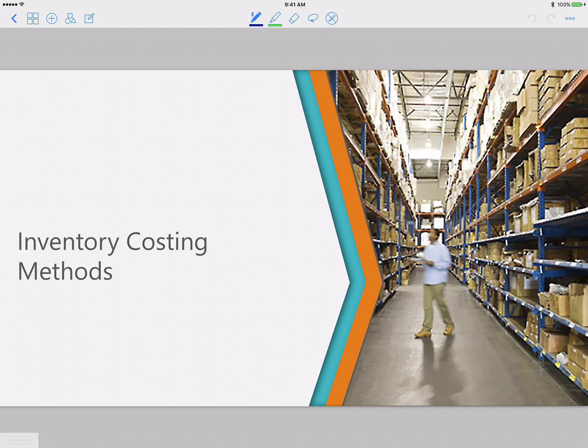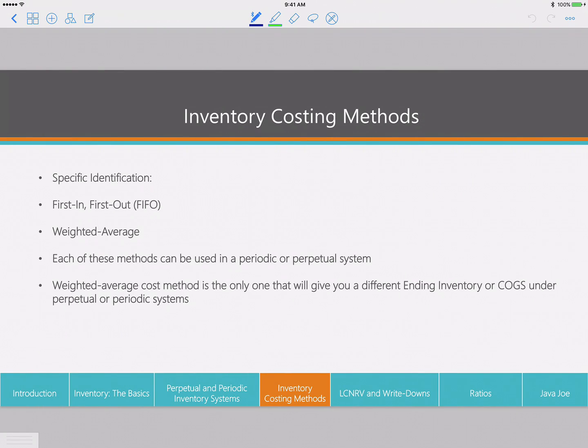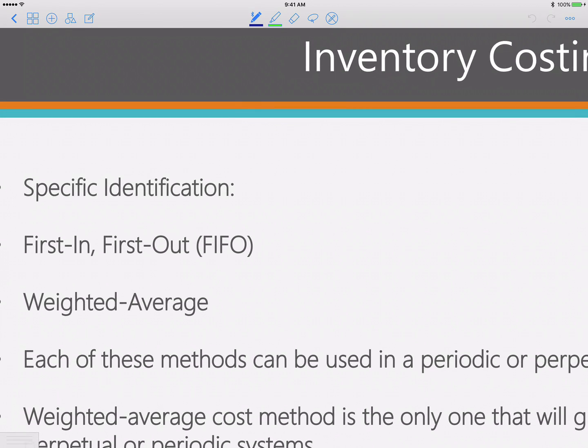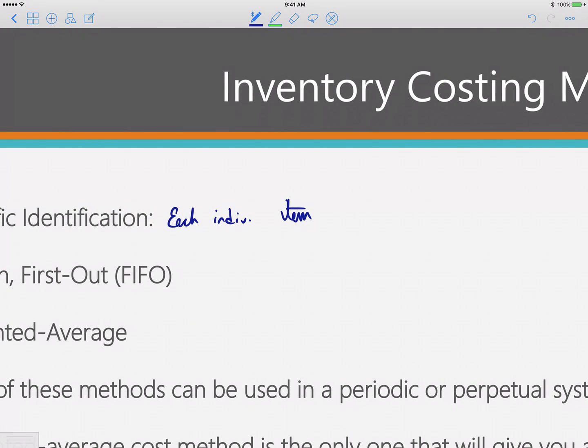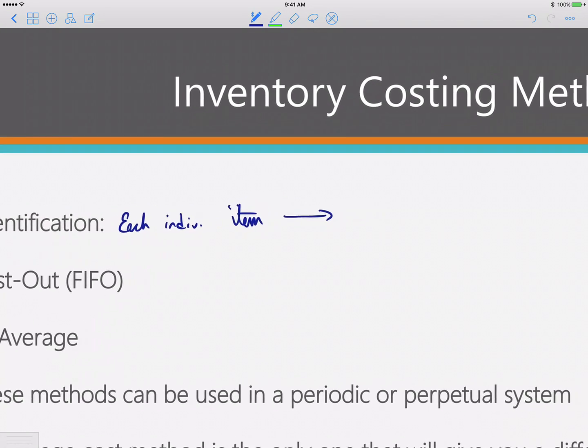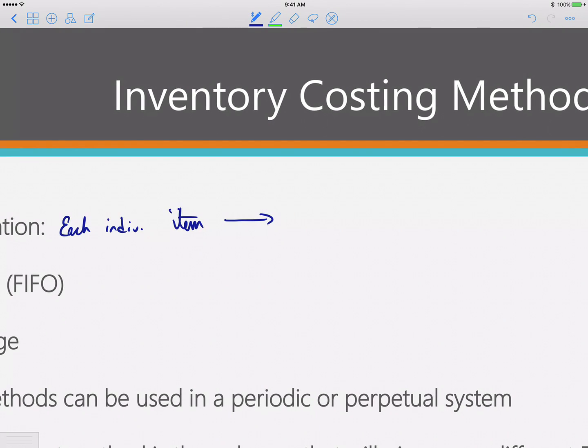So we're now going to take a look at the different inventory costing methods. We have three methods. We have specific identification, and under specific identification, we actually recognize the cost of each individual item. So we know exactly what each item costs us. This is good for very high priced goods and unique goods, stuff like artwork, or cars.